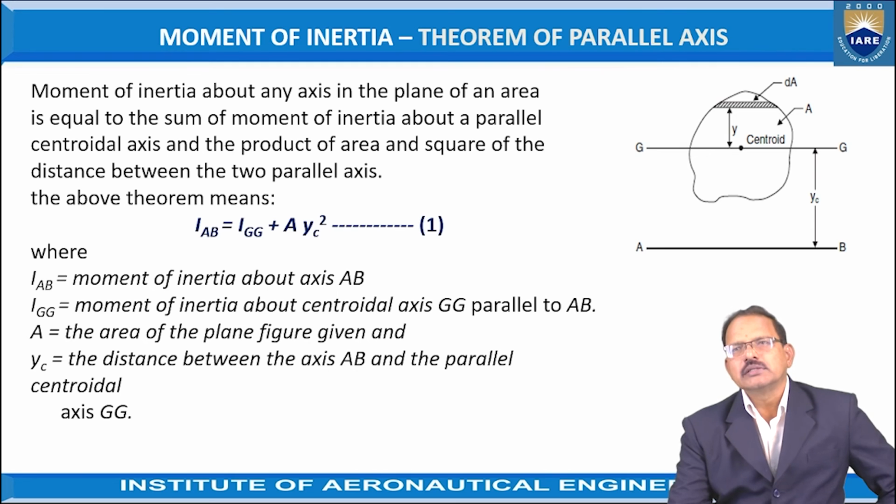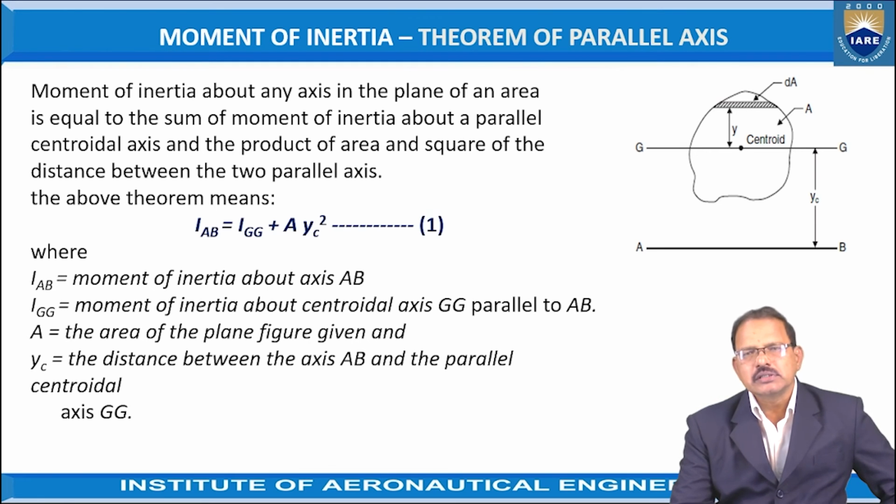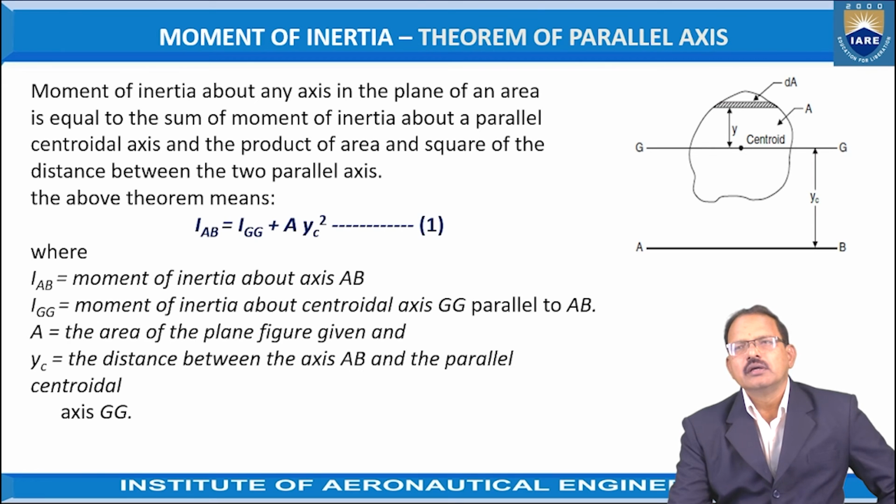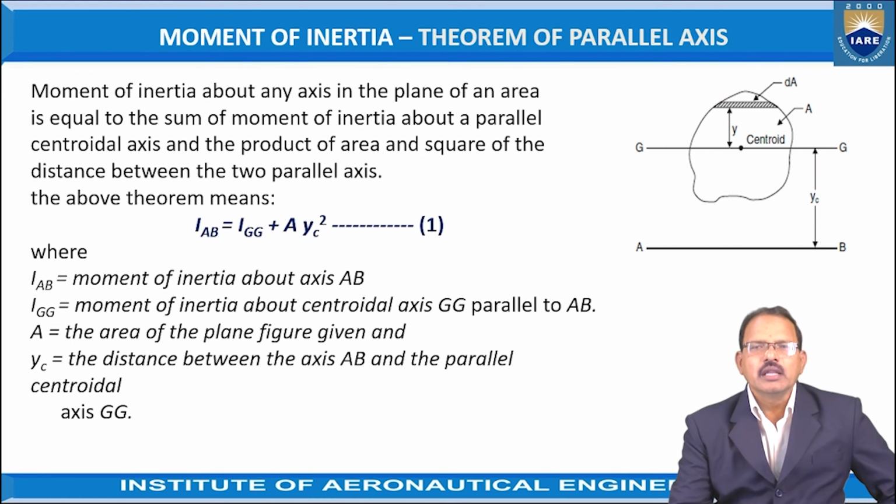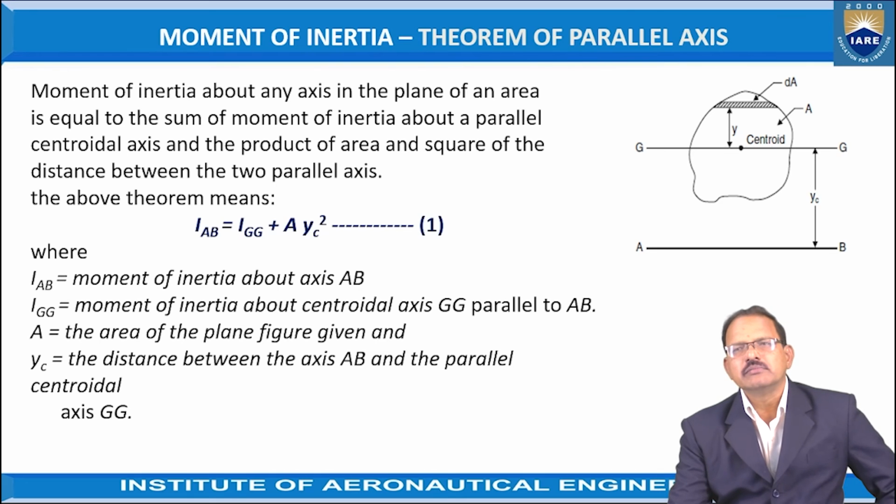According to the parallel axis theorem, the moment of inertia of that plane area about an axis AB is equal to the sum of the moment of inertia of the plane area about its central axis, which is kept parallel to AB, and area multiplied by the square of the distance between the parallel axes.